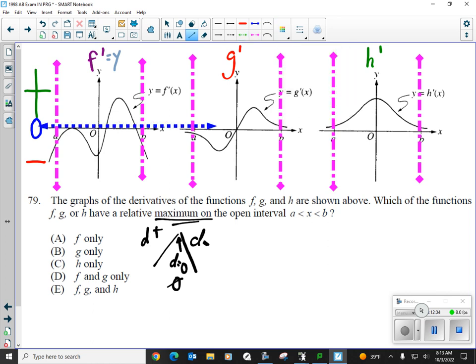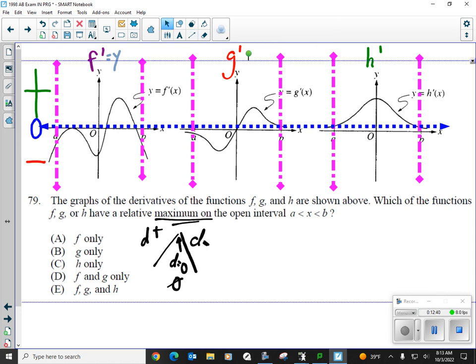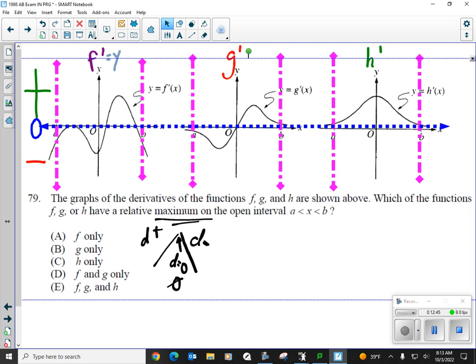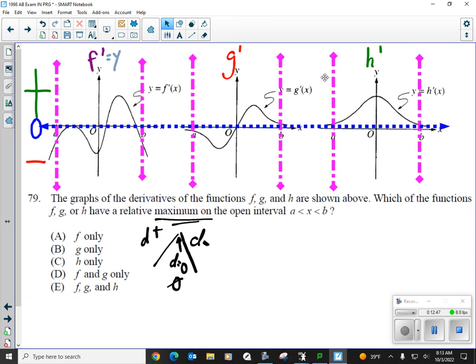There's our x-axis. Anything above that blue dashed line is considered a positive derivative or positive y value. Anything below that blue dashed line is considered a negative derivative. Anything that touches the blue line is considered a 0.